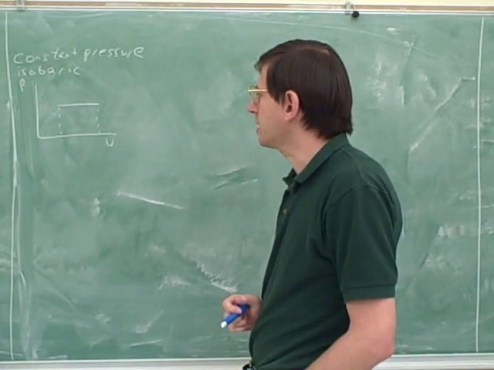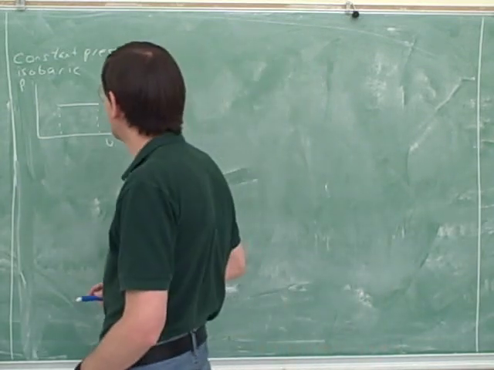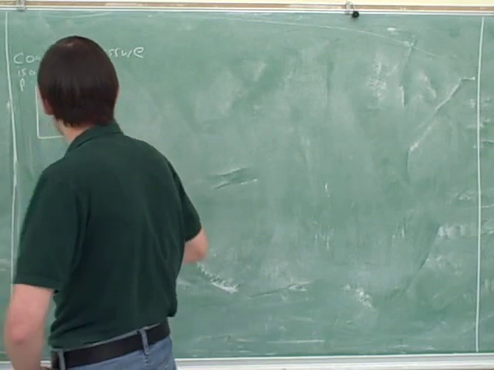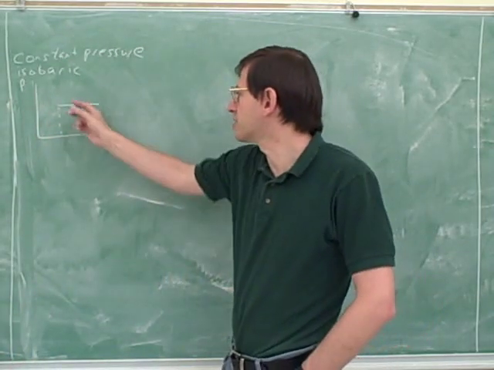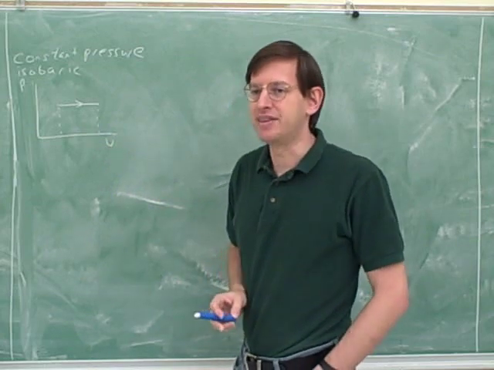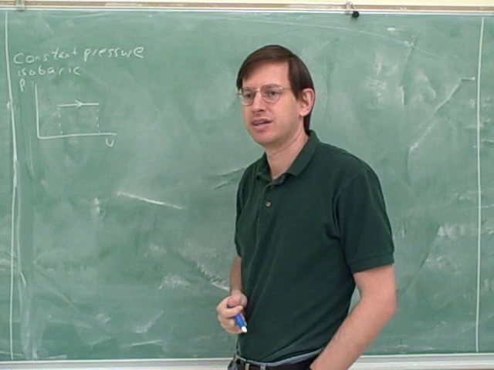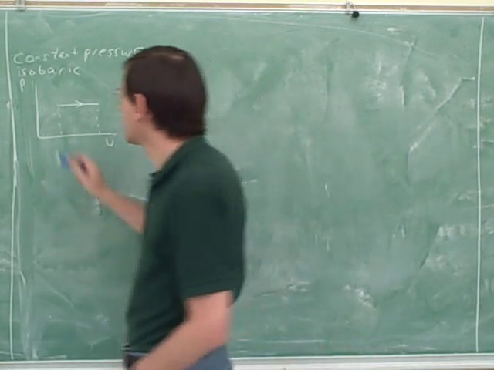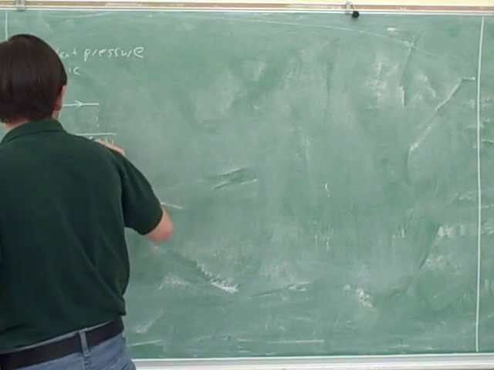Now, how would we calculate the work that was done by an isobaric process? It's the area under the curve. That's right. So we know in general that the work is the area under a PV curve. And this is a particularly easy area to find. How would you calculate this area? You would just multiply the change in volume times the pressure. Right.